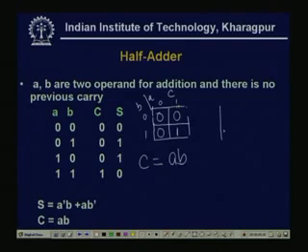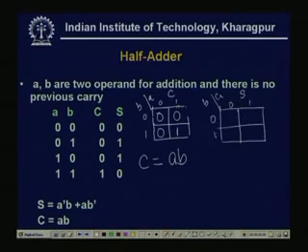Similarly, if we draw the map for my S, again I am taking A and B, this is for my S, 0 1 0 1. For 0 0 the sum is 0, for 0 1 the sum is 1, for 1 0 the sum is 1, for 1 1 the sum is 0.